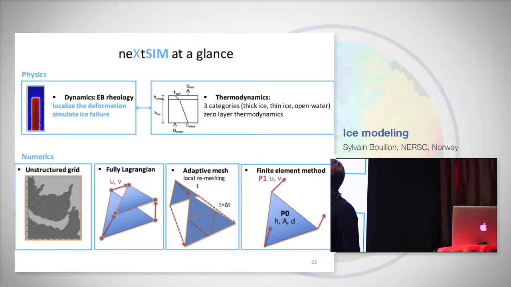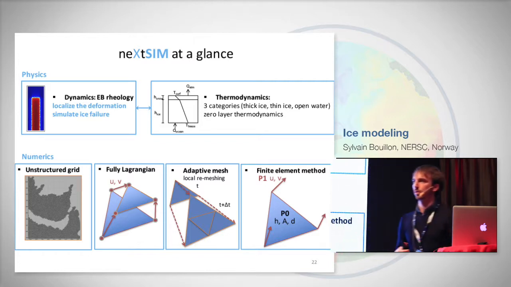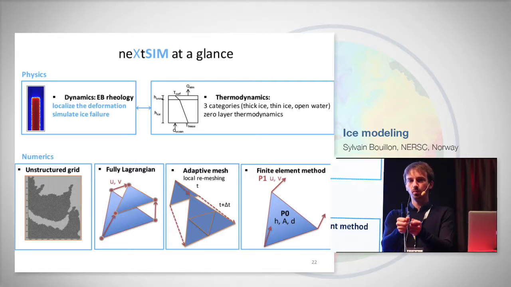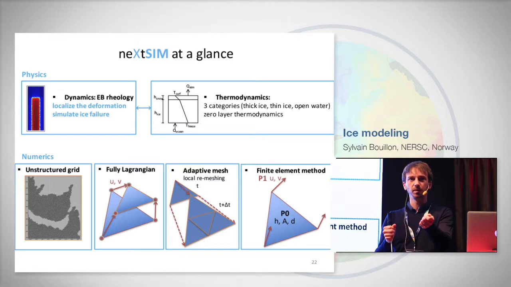Then we added the thermodynamics and implemented a new type of numerical scheme to run the model, because we wanted to use a fully Lagrangian approach. The reason for that is that the model is able to reproduce discontinuities.